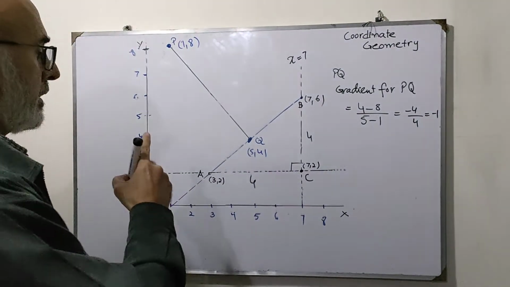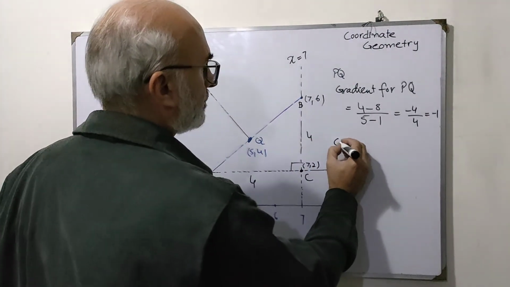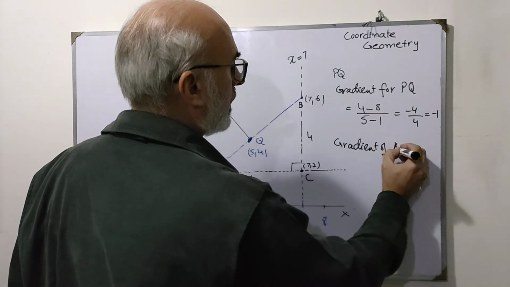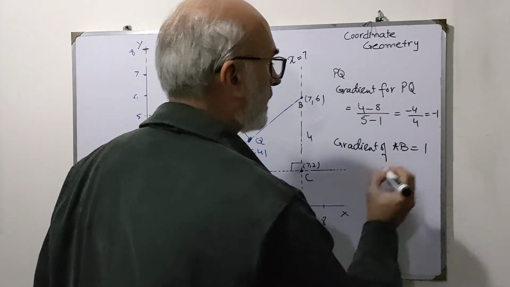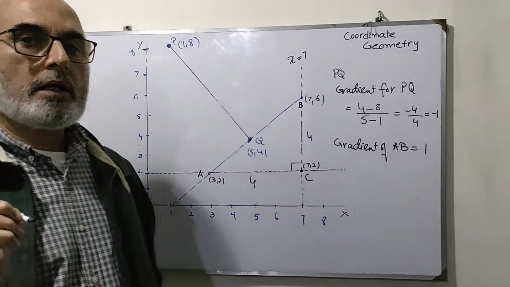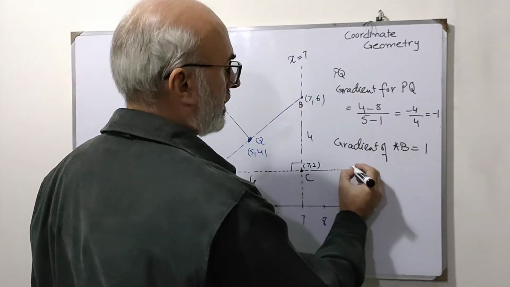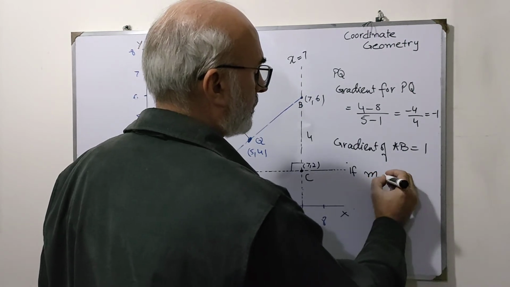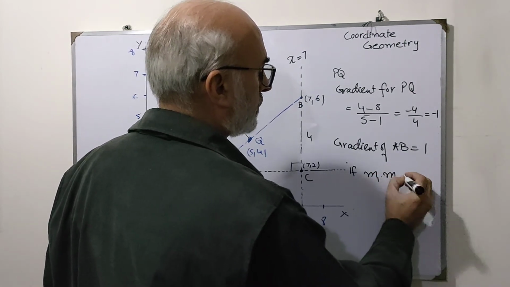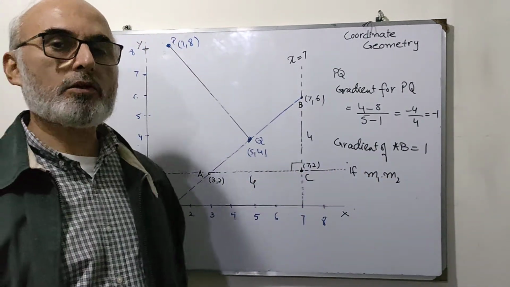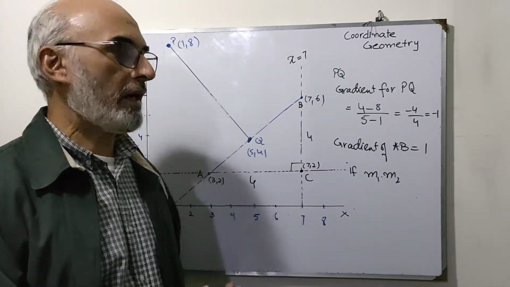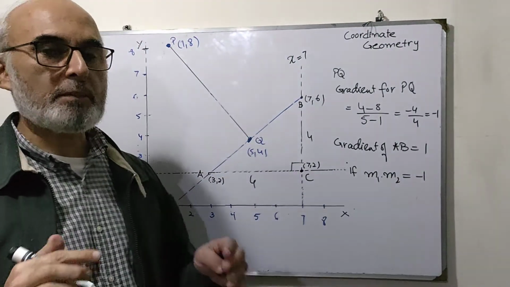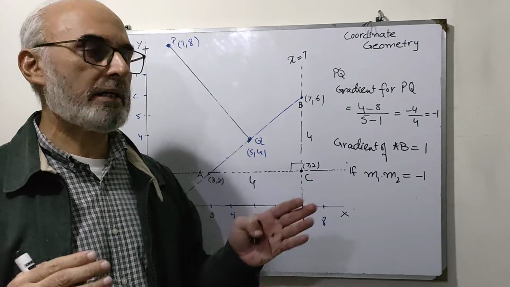Now the gradient of AB is 1. If it happens that M1 into M2, where M1 is the gradient of line 1 and M2 is the gradient of line 2, is equal to minus 1, it means that both the lines are perpendicular.